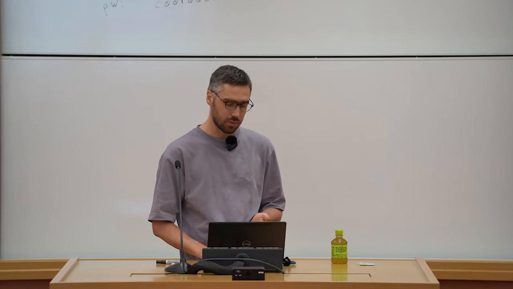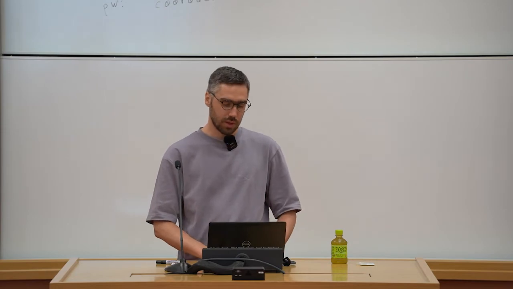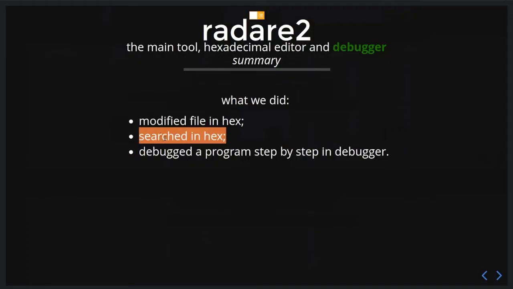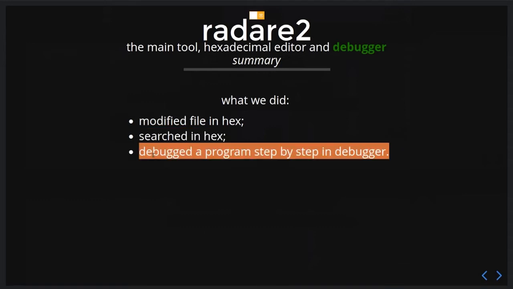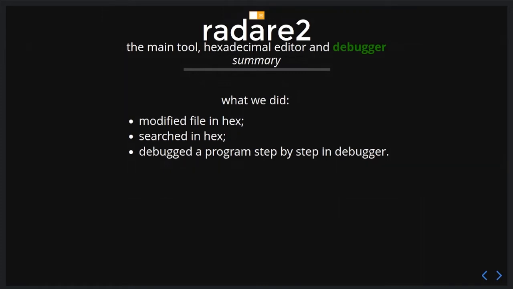You can use any other tools, but this tool is console based, so you can do it on any server. You can search in hex. You can use some advanced search or simple search, and you can debug a program. I showed you just a very basic debugging session, but it can do a lot of debugging tricks.